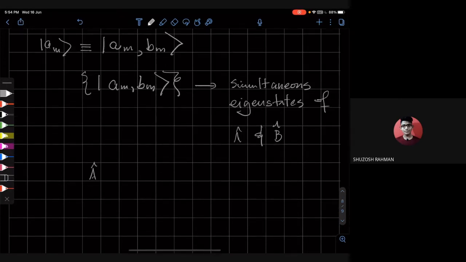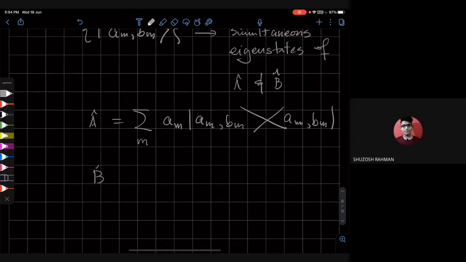Another more formal way of saying that, we can do a spectral decomposition of A in terms of, say, AM, BM, and B as BM, AM, BM.